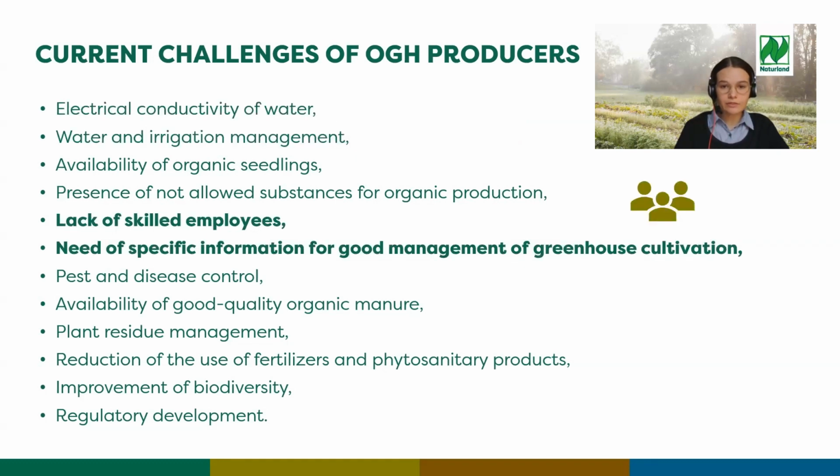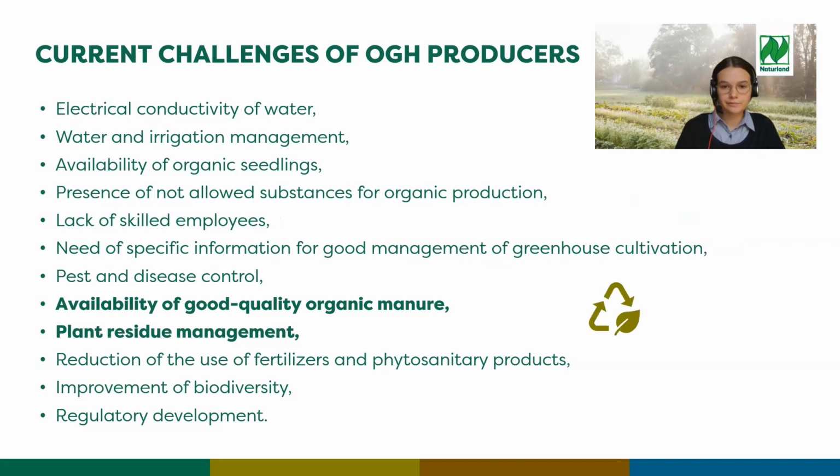Secondly, regarding social factors and the farm management, they observed that there is a lack of skilled employees as well as a big need for community building, since specific information is needed for good management of greenhouse cultivation. So knowledge transfer and exchange in communities would help the greenhouse producers.